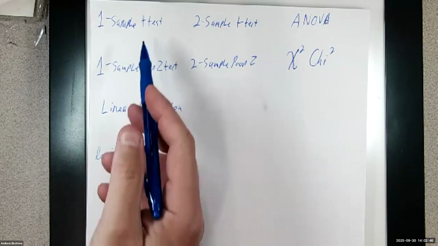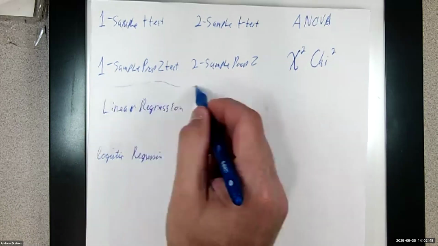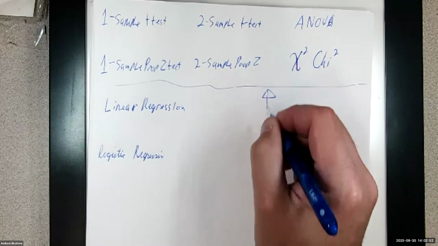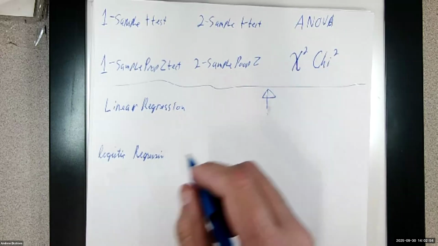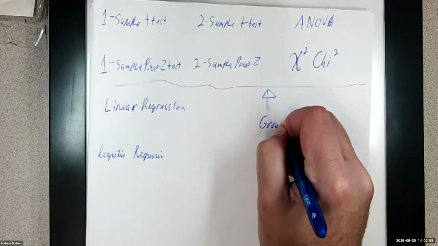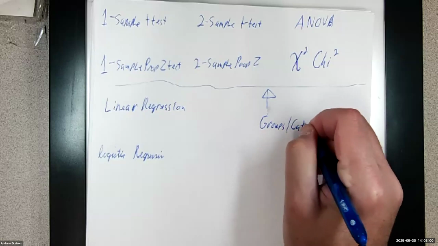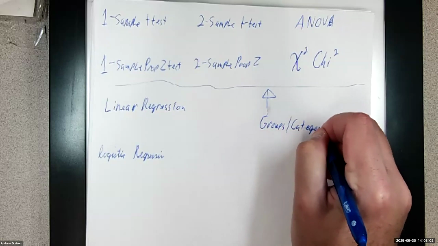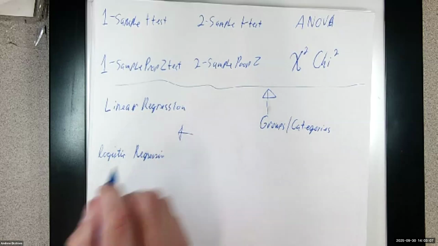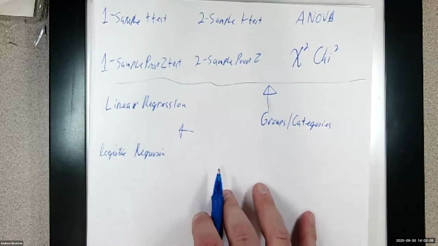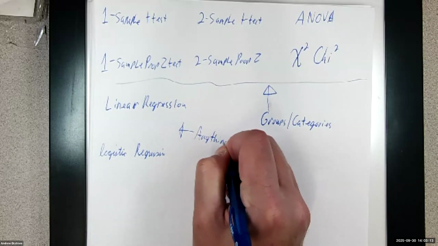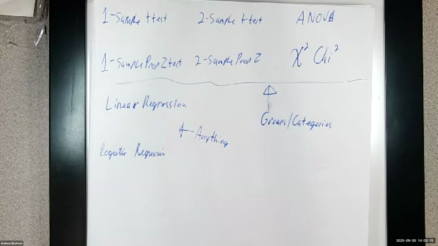When we're talking about these three up here, everything that we deal with is basically going to be groups or categories. When we deal with our regression models, we can look at pretty much anything, which is a lot better.